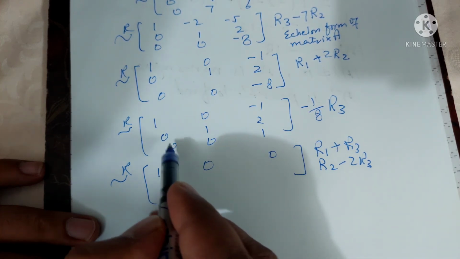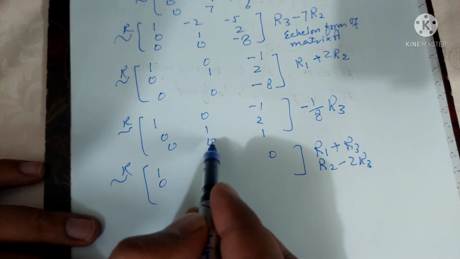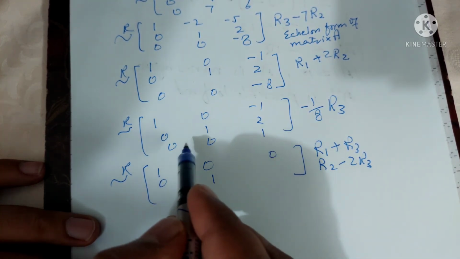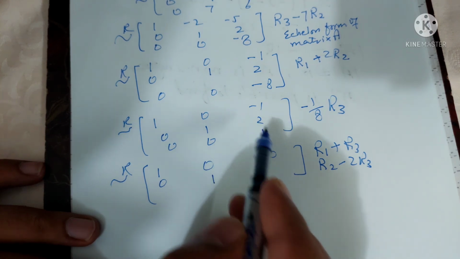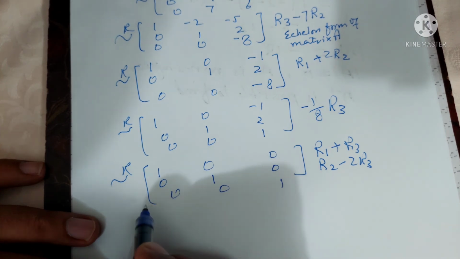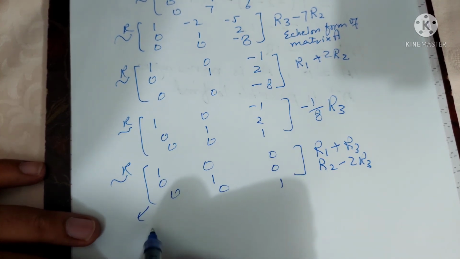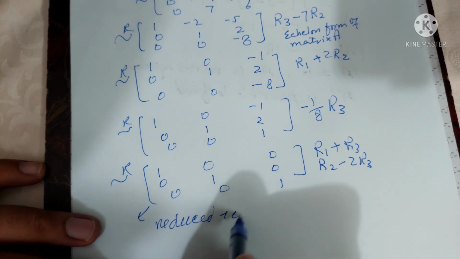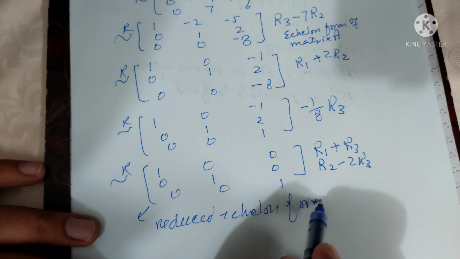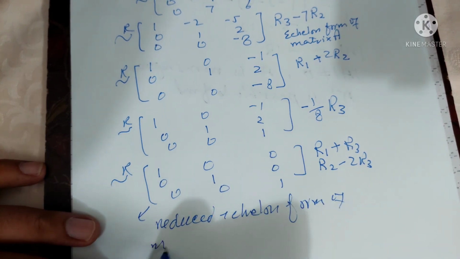So 2 zeros are 0, 0 minus 0 is 0, 2 zeros are 0, and 1 minus 0 is 1. 2 ones are 2 and 2 minus 2 is 0. So the row is 0, 1, 0. So this matrix is the reduced echelon form of matrix A.